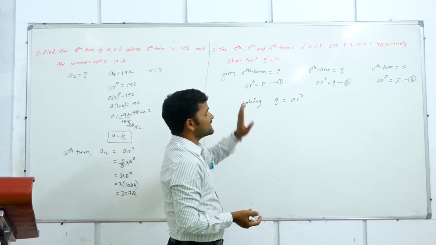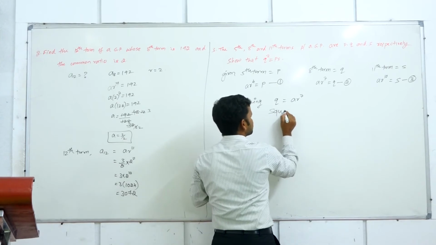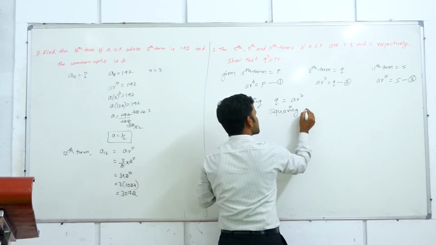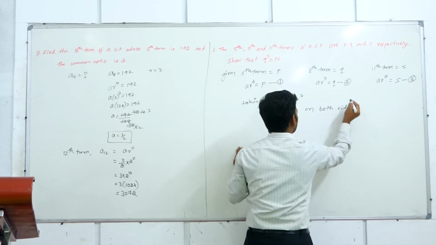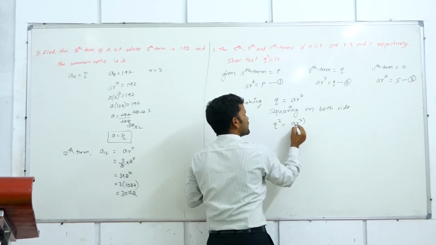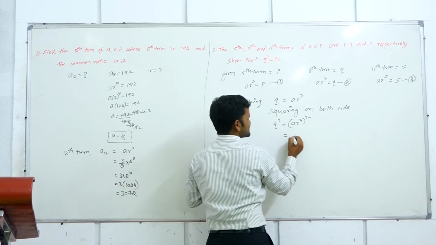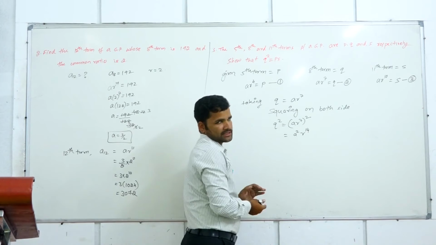Now we need Q square, so what do you do? Squaring on both sides, Q square is equal to (A into R to the power 7) whole square. This is nothing but A square into R to the power 7 into 2, that is 14.